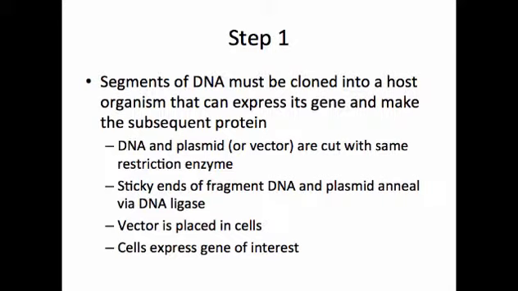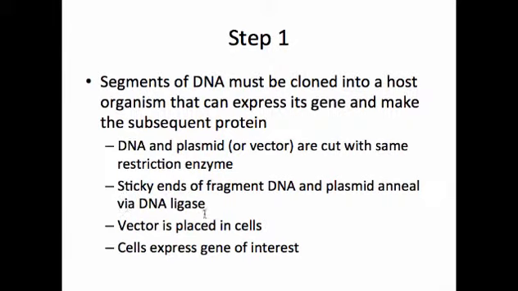Generally, when we cut our DNA and our vectors, we use restriction enzymes, and those give us sticky ends to our DNA. To place the DNA into that plasmid, we have to use another enzyme called DNA ligase that acts like glue, and it will literally glue those sticky ends of our DNA into our plasmid.